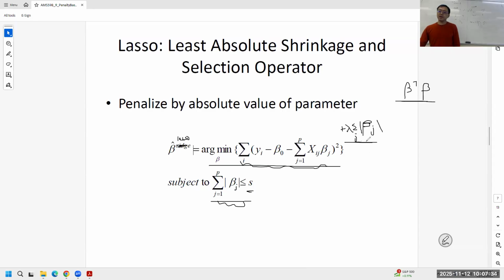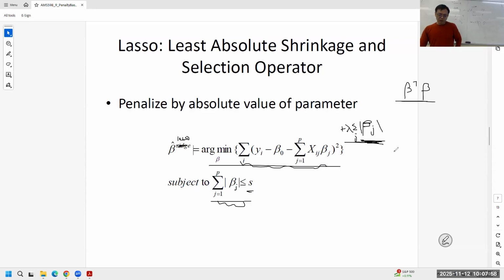But with the absolute value of beta j, it is not a smooth function anymore. Therefore, we cannot just apply the first order derivative, set it equal to 0 and solve it. So for lasso we do not have a closed form, because of the absolute value in the penalty.